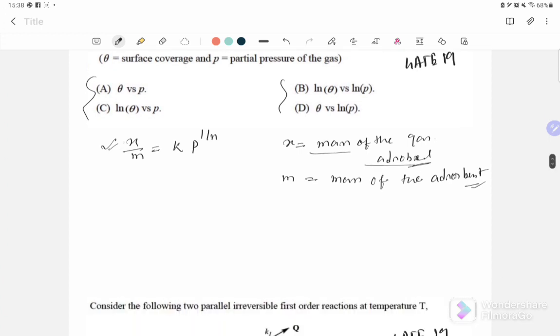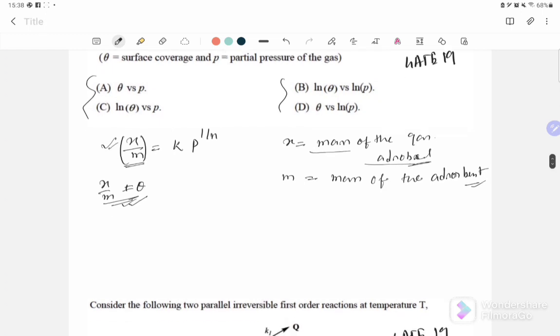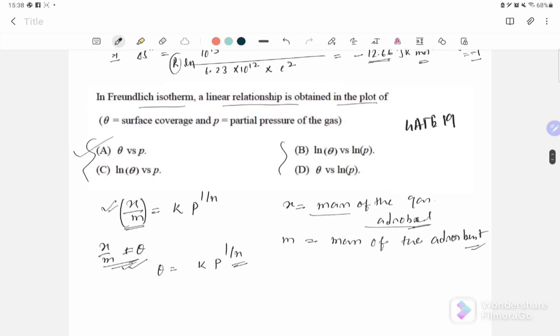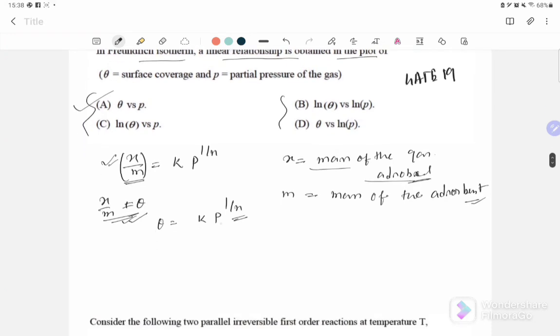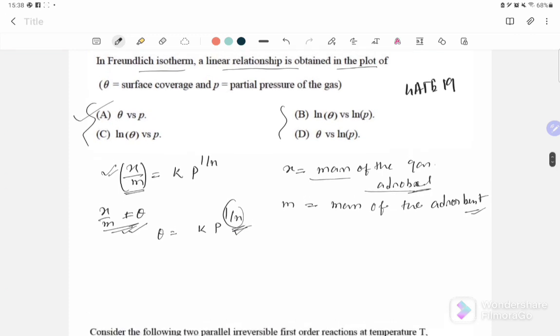So x by m is the surface coverage, means x by m is theta here. So we can write theta is equal to k p to the power 1 by n. So this cannot be linear. It's not a linear equation.